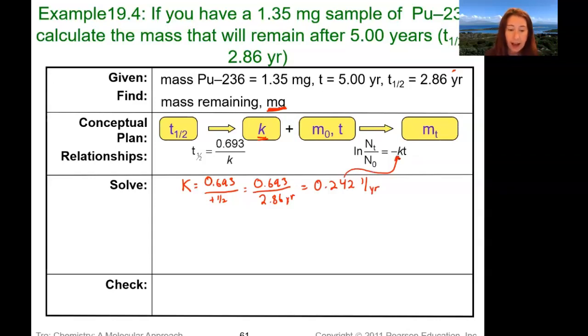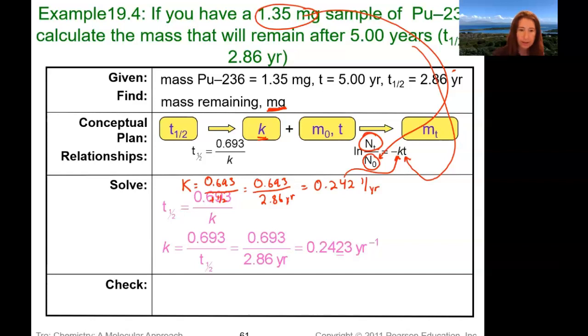We have our original amount, which is 1.35. We have our k. We want to know our time, 5 years. We just need to solve for how much is left after 5 years.